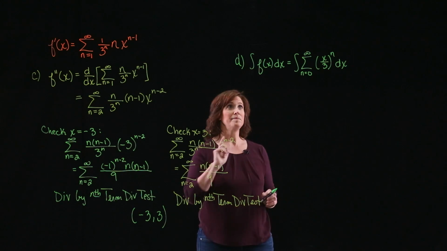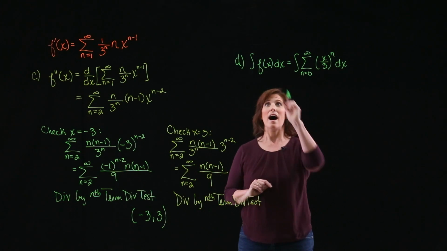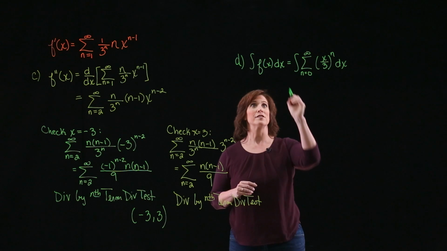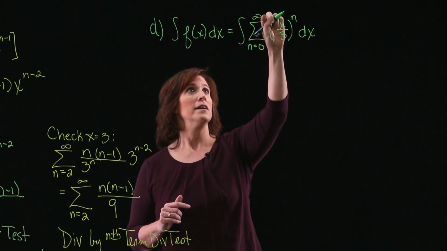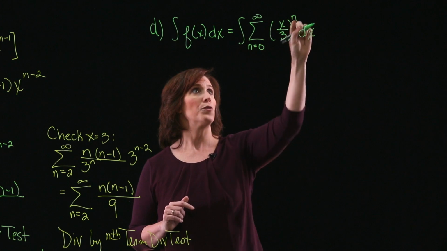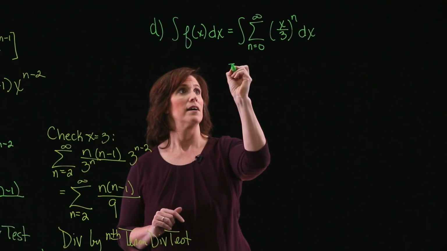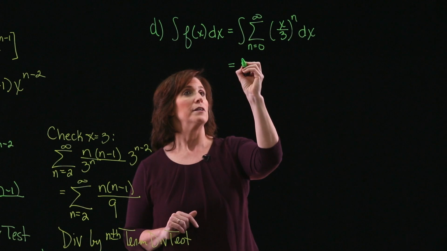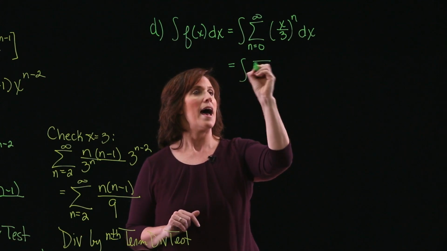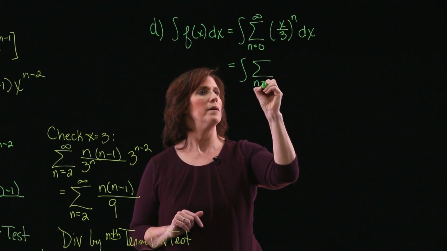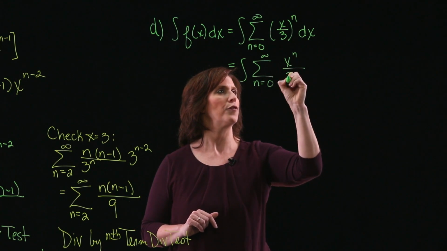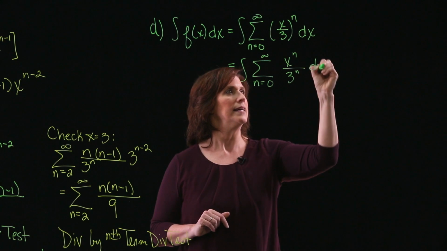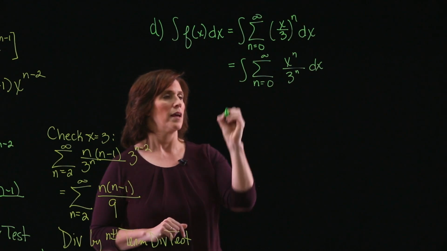All right, last piece. I want to look at the interval of convergence for the integral of f of x dx from 0 to infinity of x over 3 to the nth power dx. Okay, so what I'm going to do is rewrite this, and I'll sum from 0 to infinity. I'll write that as x to the n all over 3 to the n dx.